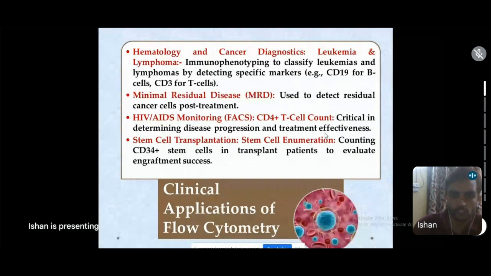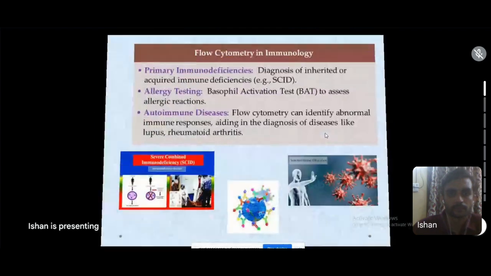Now, counting the CD34 plus stem cells in a transplant patient to evaluate engraftment success. If the CD34 plus cells are evaluated, we can see whether the graft, the transplant, has been successful or not.